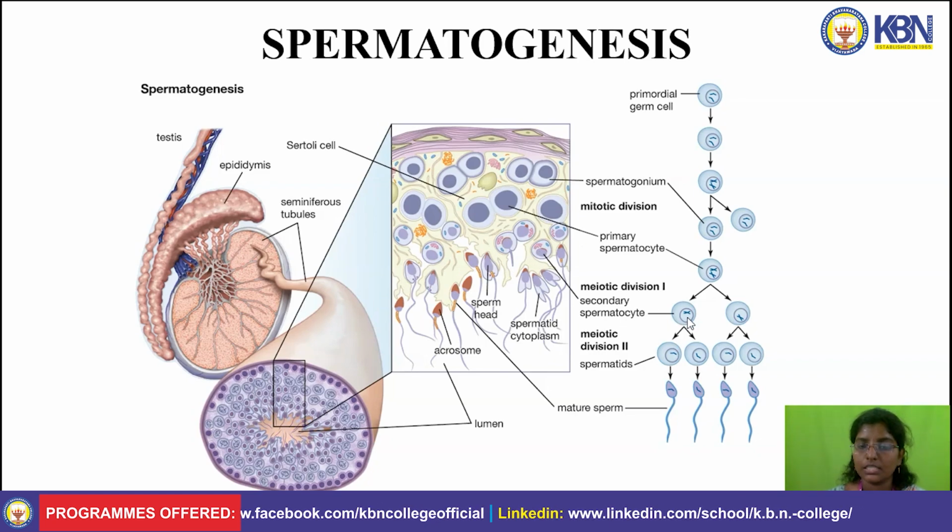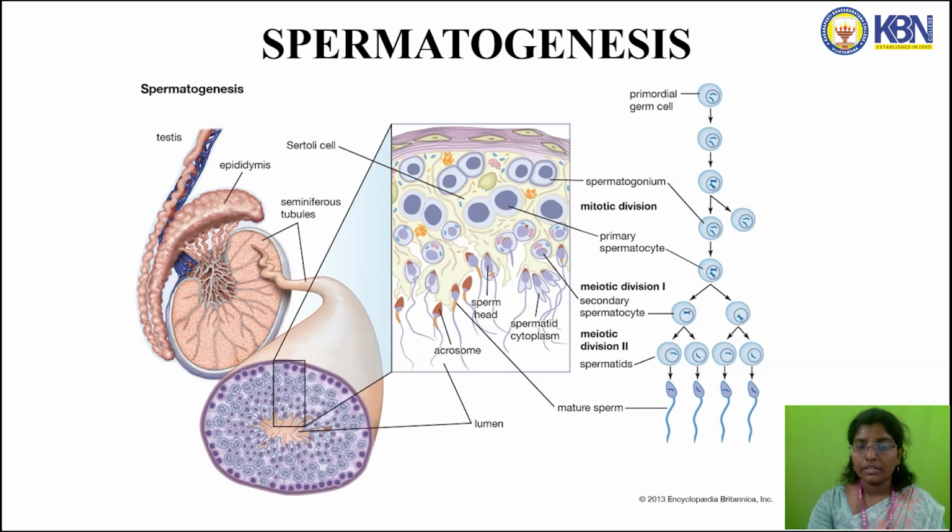After this stage, the secondary spermatocytes again divide by meiotic division into spermatids. These round structures are called spermatids. Finally, these spermatids develop into mature sperms.